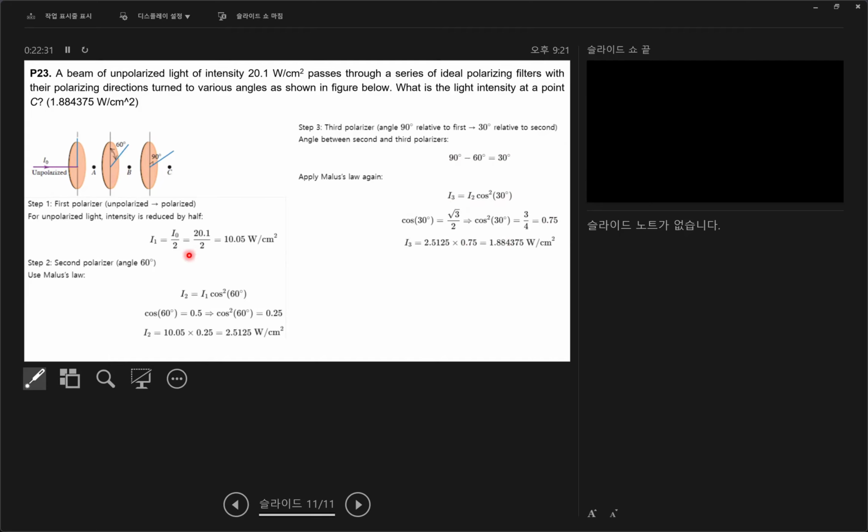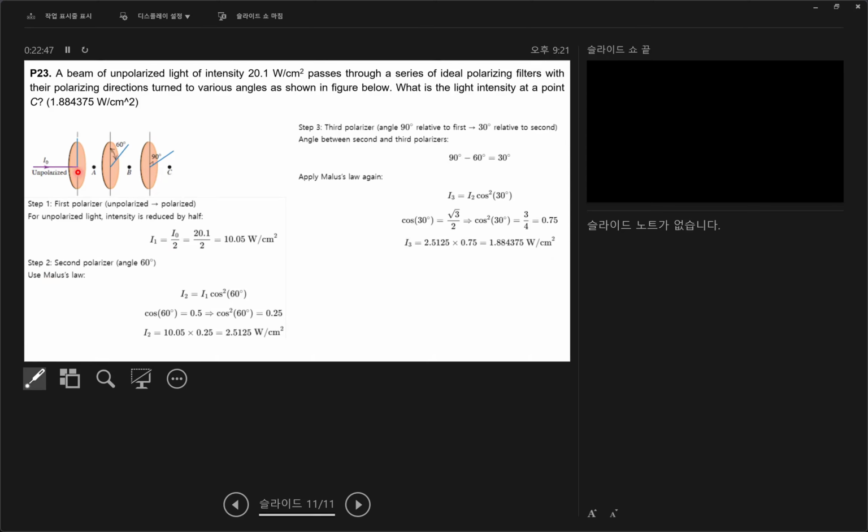The first thing is that if you select one of the polarizations, the intensity will be halved. The next thing is you follow Malus's law, cosine squared theta. Note that the angle is between the two polarization axes.